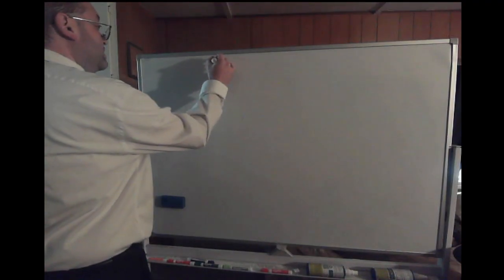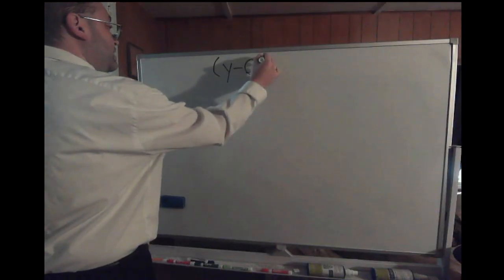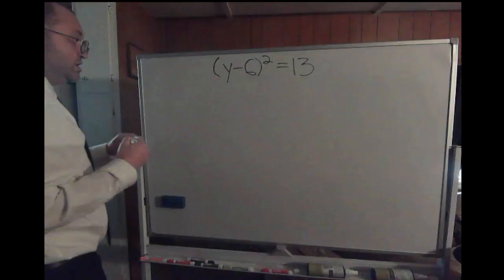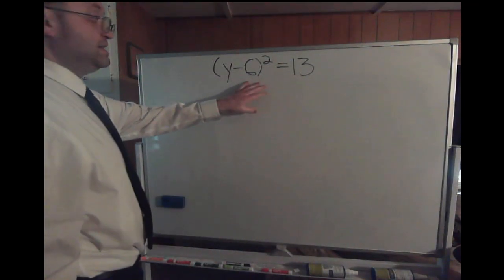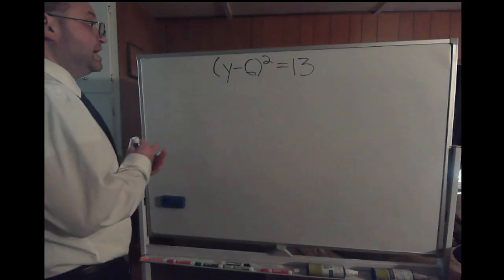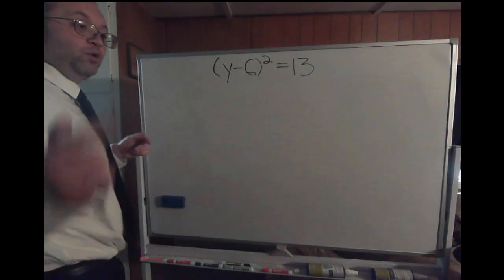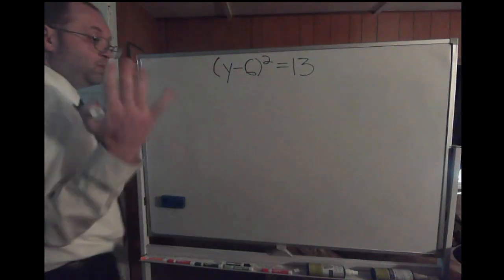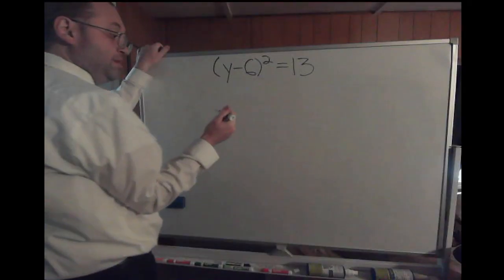Alright, let's see. We have the quantity of y minus 6 squared is equal to 13. Especially for one like this, as you're about to see, we should be thankful we're not expanding this out, and we're just simply using the perfect square method, because you want to take the square root to get y minus 6 by itself.